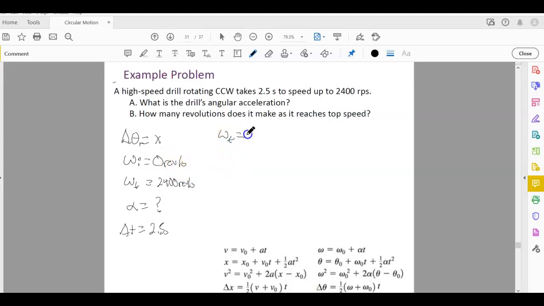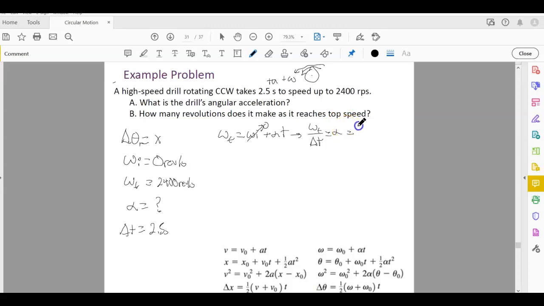So omega final equals omega initial plus alpha t. Since it's rotating counterclockwise and it's speeding up, its alpha is positive and its omega is positive. So all these are positive. The initial omega is 0. So this means omega final divided by delta t is going to be alpha.